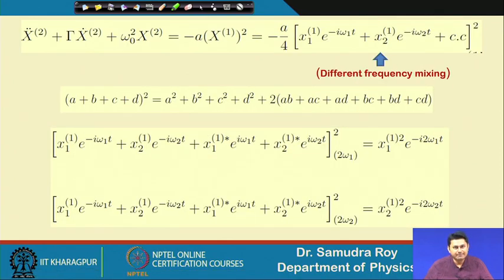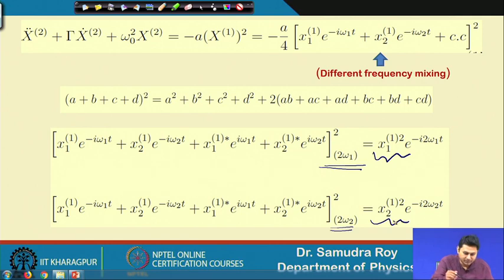We simply use (a plus b plus c plus d) whole square, and then try to find out the different frequency components. If you look carefully, you will find that omega 1 is a frequency, 2 omega 1 is a frequency for which we have amplitude x1 square, 2 omega 2 is a frequency for which we have amplitude x2 whole square, and so on.